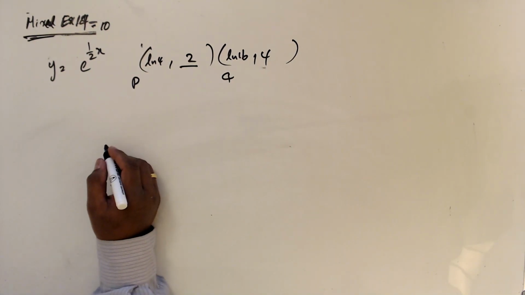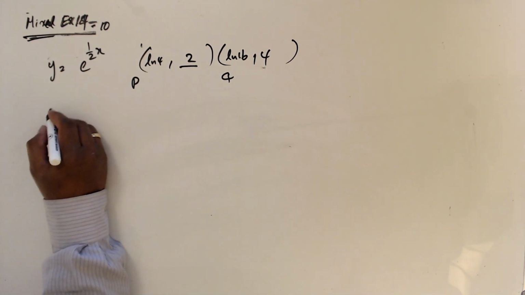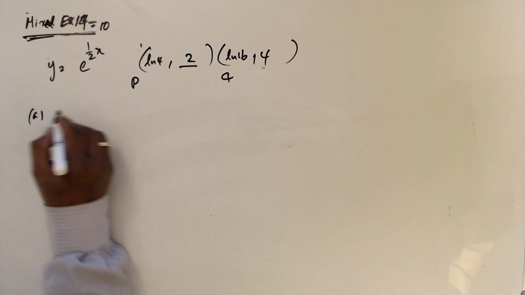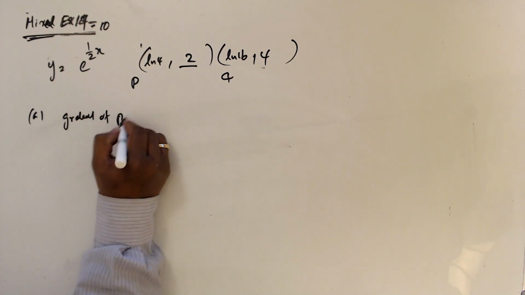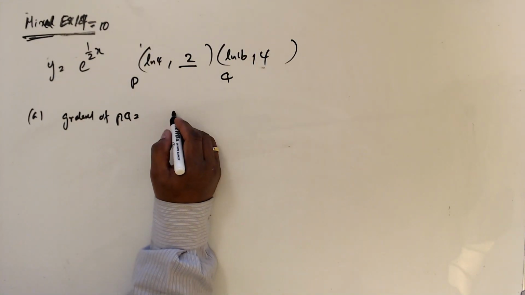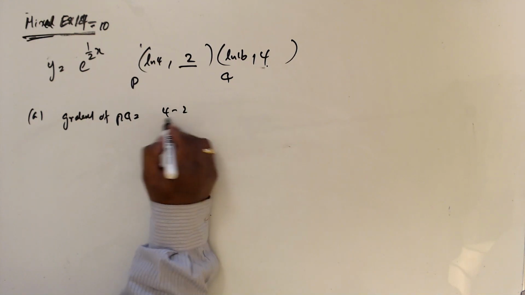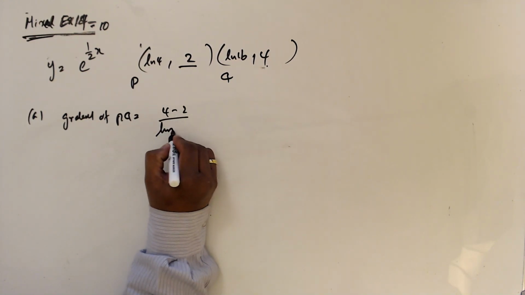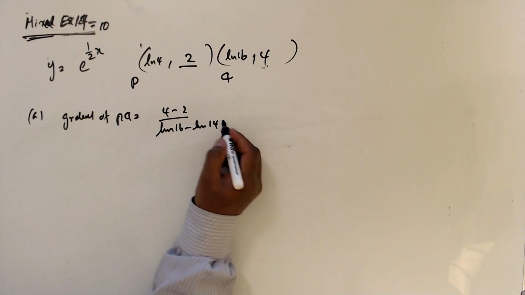So the first question is to find the equation of line PQ. So question A, the gradient of PQ is change in y over change in x, (y2 minus y1) over (x2 minus x1). I'll take this one first: 4 minus 2 over ln 16 minus ln 4.